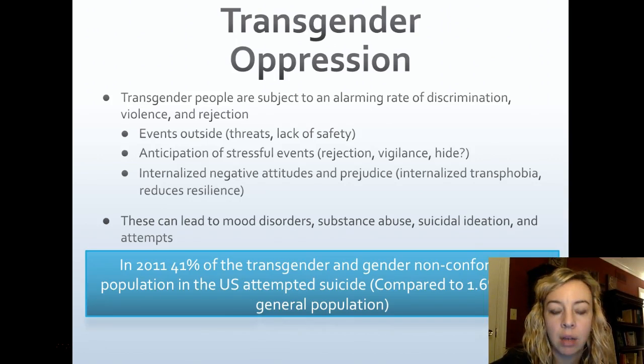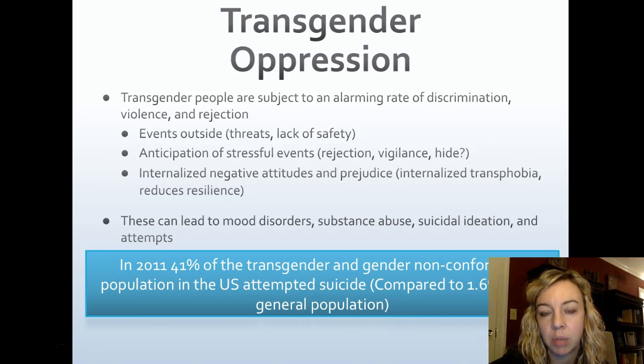There are alarming rates of attempted suicide for folks who are transgender and gender nonconforming: 41%, compared to 1.6% of the general population. So this is alarming, and as psychologists, it's something we should really be aware of, trying to support those who have gender dysphoria and are experiencing oppression.